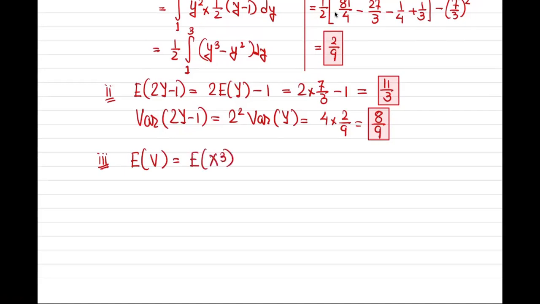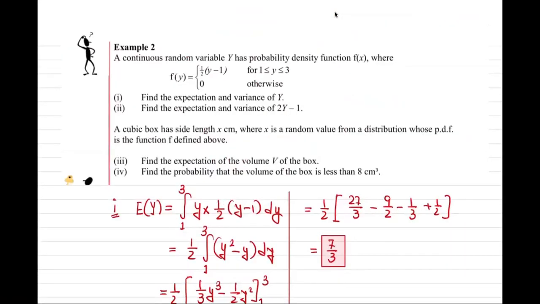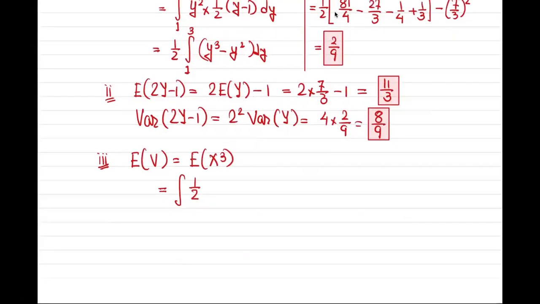And you know that E of x cubed should be the integration of x cubed into f(x). f(x) is half into x minus 1.